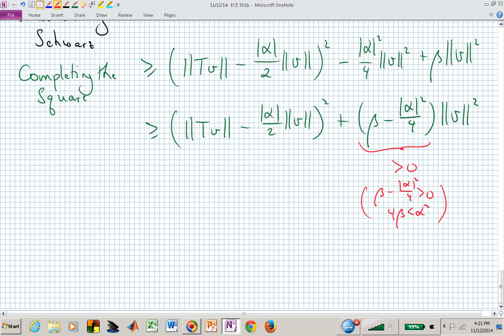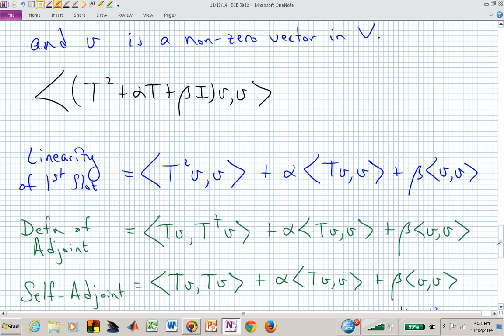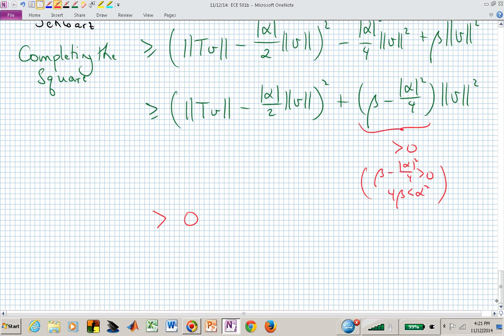If that's the relationship between beta and alpha, we can now conclude that that leftmost entry is greater than 0. So now we know this operator times v, inner product with v, is greater than 0 from that development or discussion.